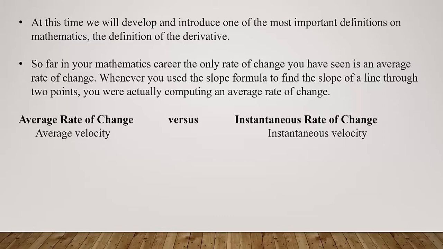You could take 168 miles, divide it by 2.5 hours, and you would get my average velocity for the trip to be 67.2 miles per hour. That's my average velocity for the trip.